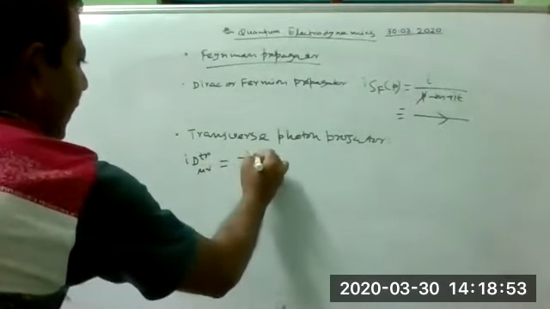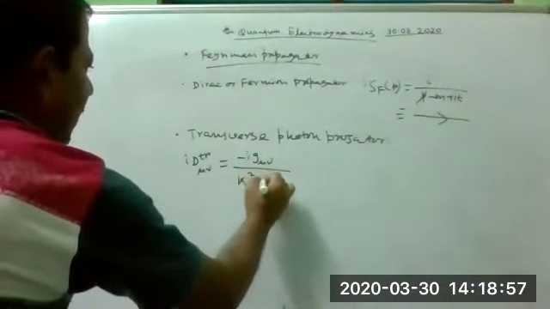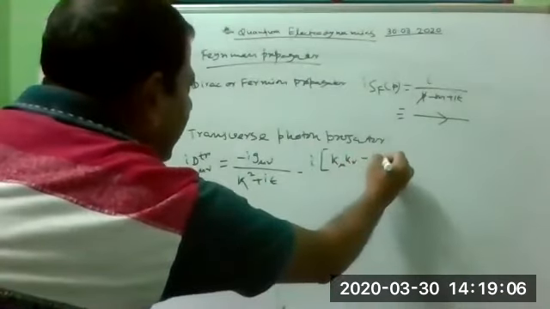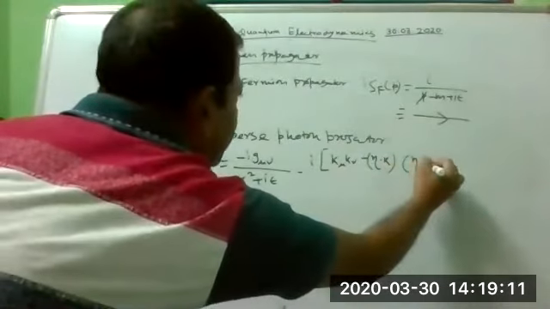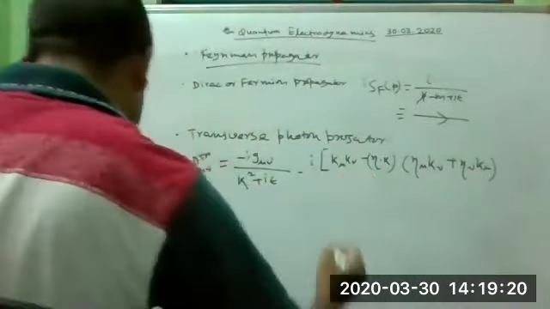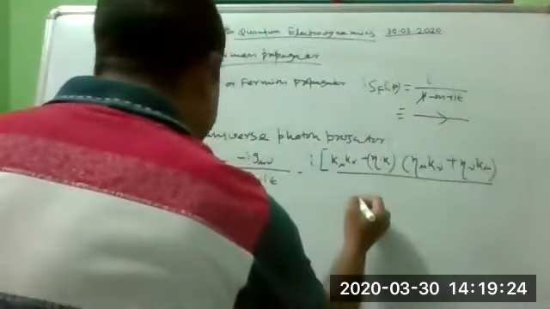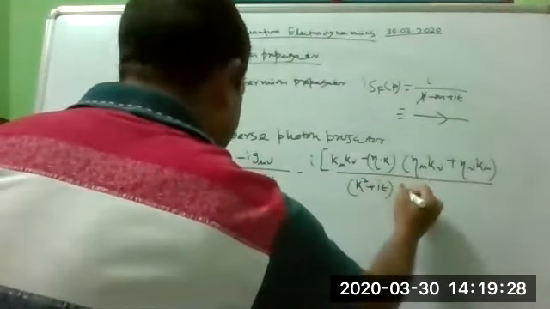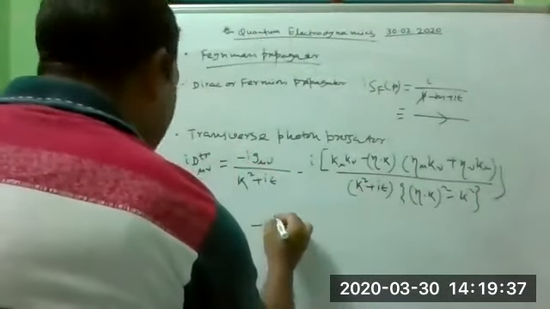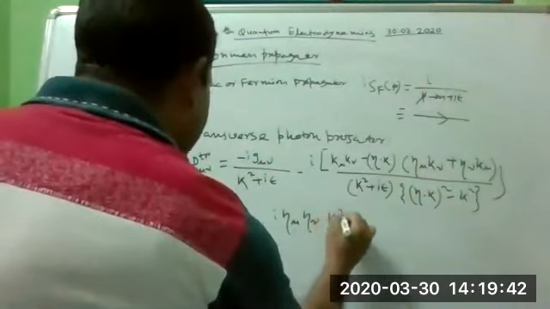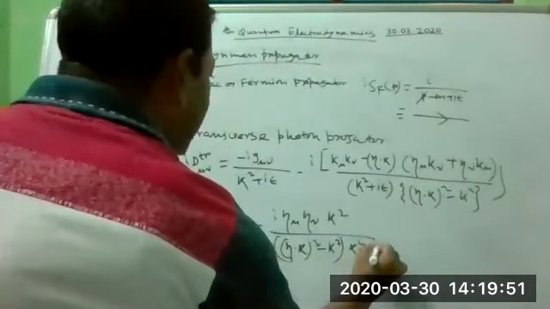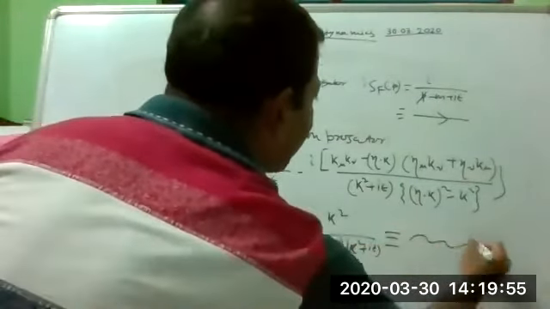This can be written as minus i g mu nu by (k squared plus i epsilon) minus i of (k mu theta nu plus theta mu k nu) terms, divided by (k squared plus i epsilon) times ((theta dot k) squared minus k squared), minus i of theta mu theta nu times k squared, divided by ((theta dot k) squared minus k squared) times (k squared plus i epsilon), which is denoted by this.